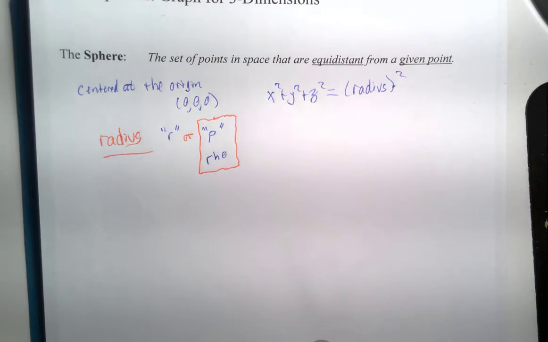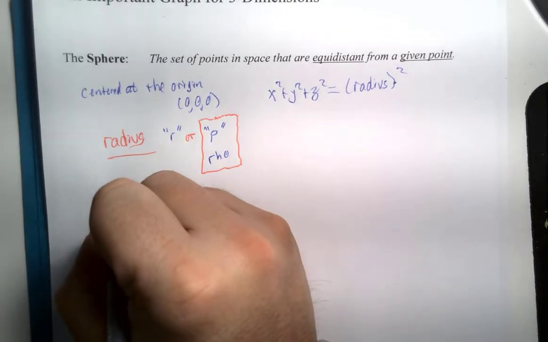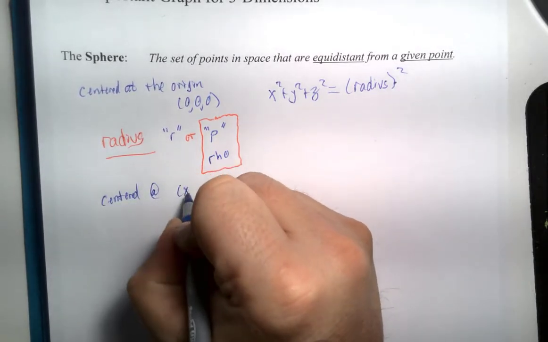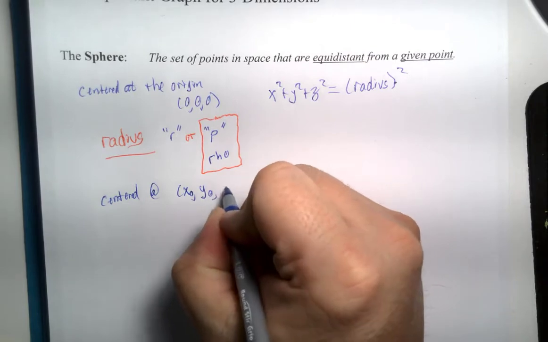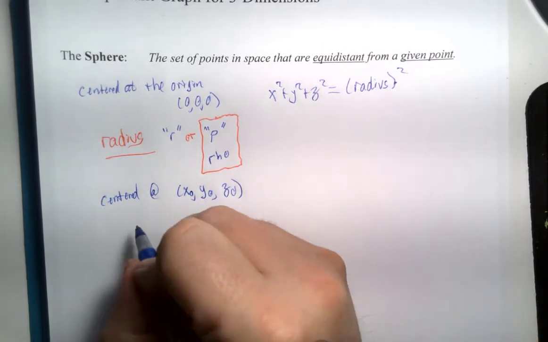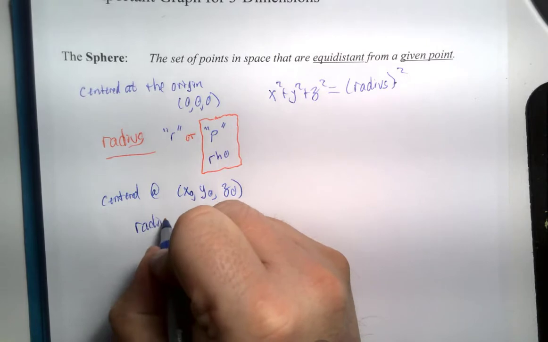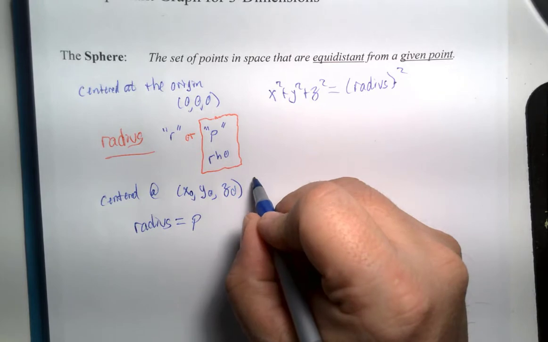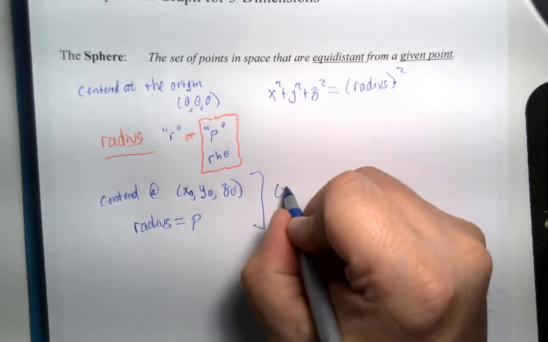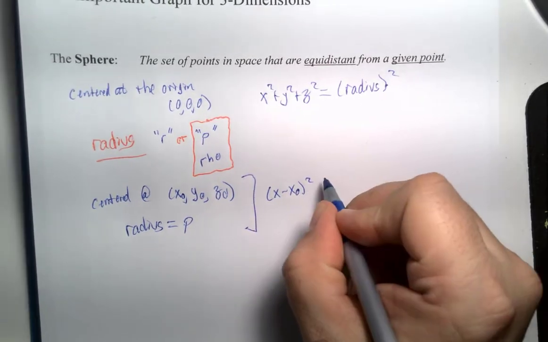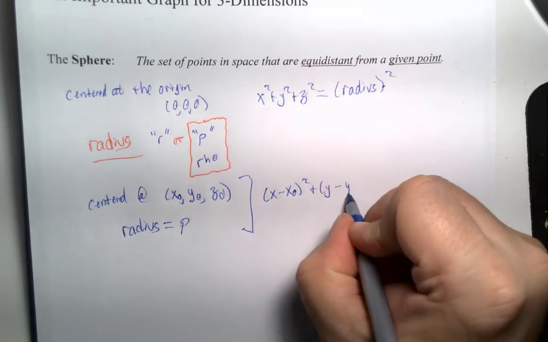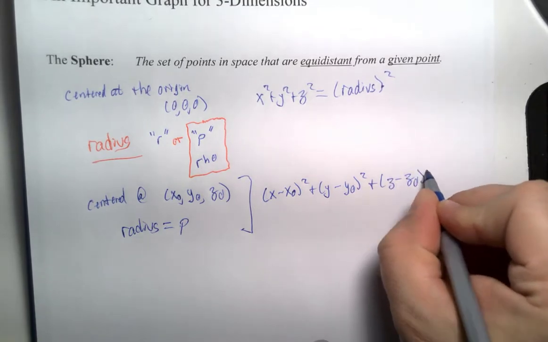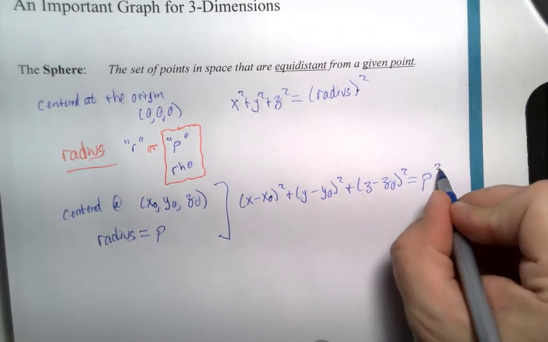Now, if it's a sphere that's centered at some other point, x0, y0, z0, and there is a radius equal to rho, then that equation, x minus x0 squared plus y minus y0 squared plus z minus z0 squared would equal the radius squared.